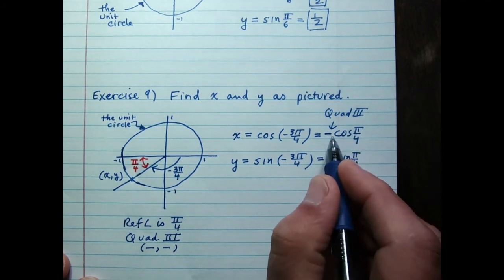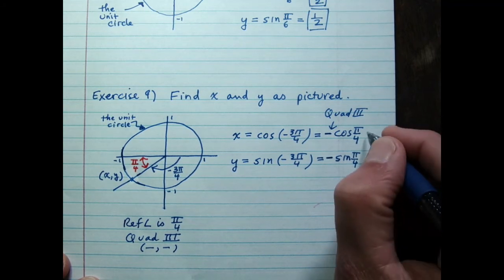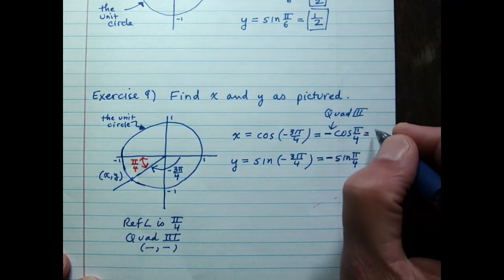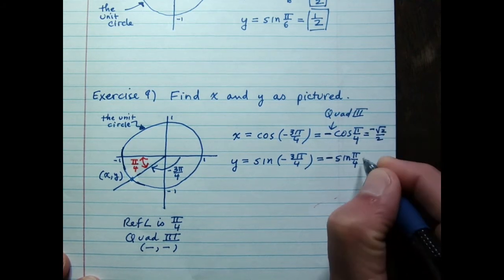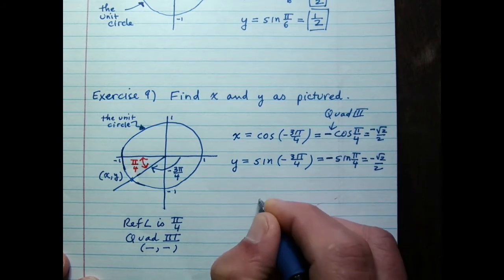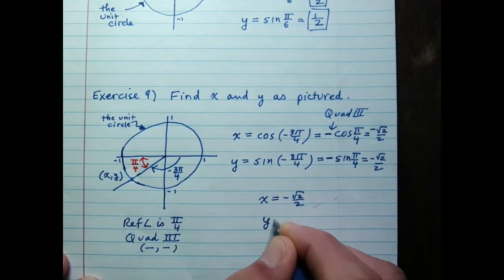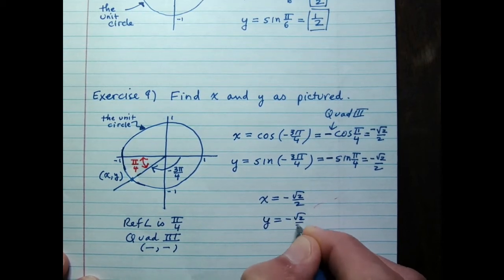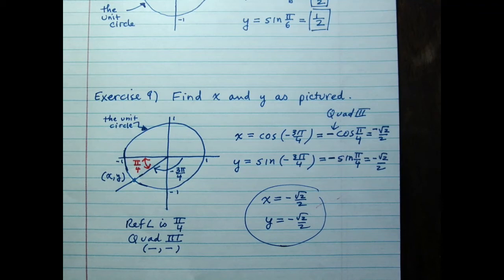X coordinates negative mean cosine's negative. Y coordinates negative mean sine's negative. Both of these are values we have memorized. So I have negative square root of 2 over 2, negative square root of 2 over 2. So x is equal to negative square root of 2 over 2. Y is equal to negative square root of 2 over 2 in exercise 9.